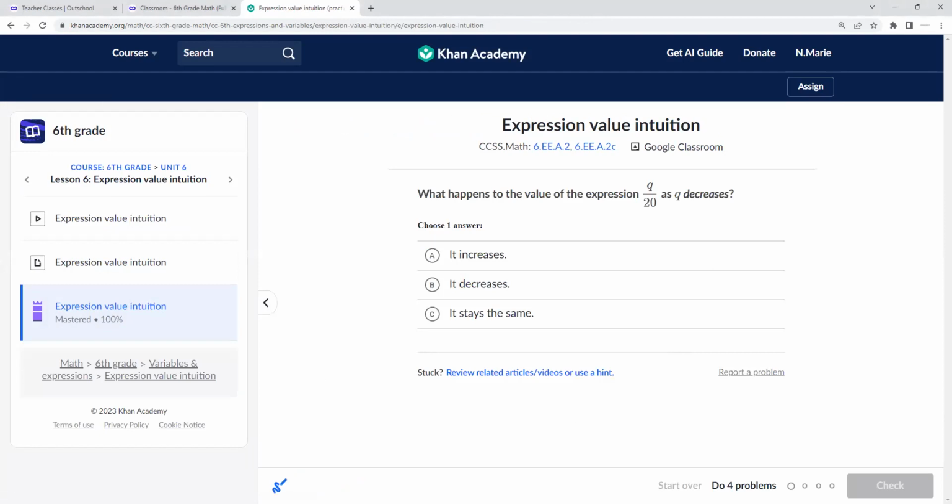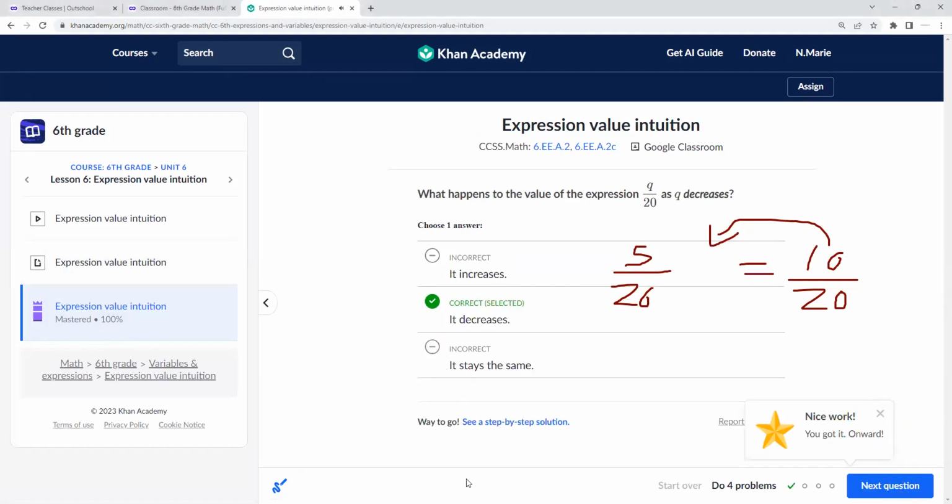And so these are just going over what happens if Q increases. Well, let's say Q is 5. This would be 5/20ths. Let's say that increased to 10/20ths. So as it increases, the answer increases. That's pretty much all it's asking you to do.